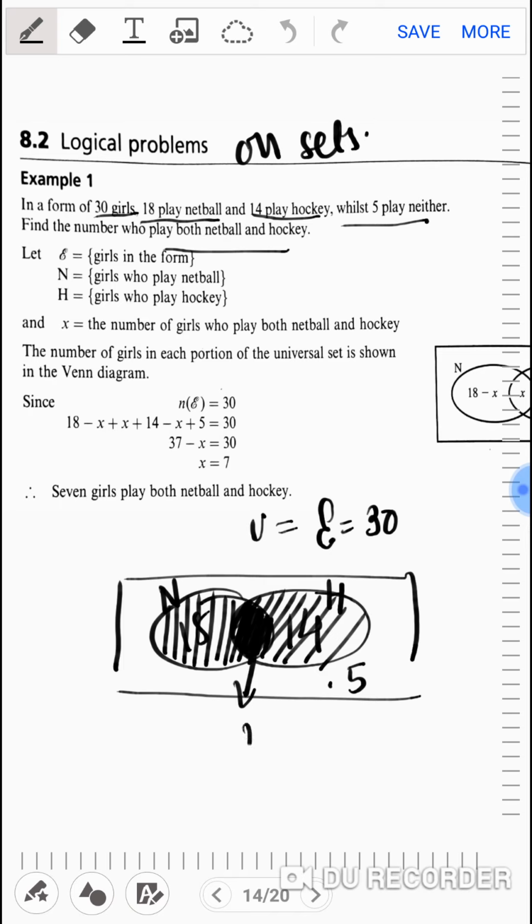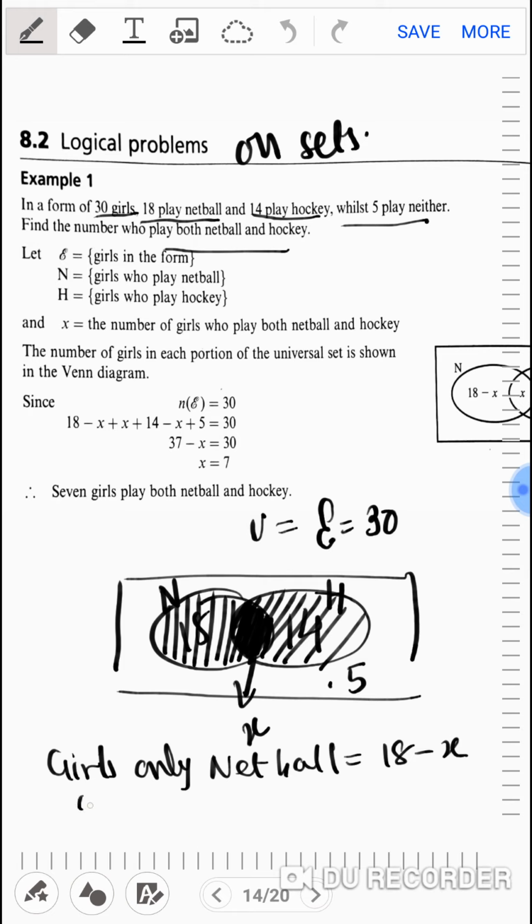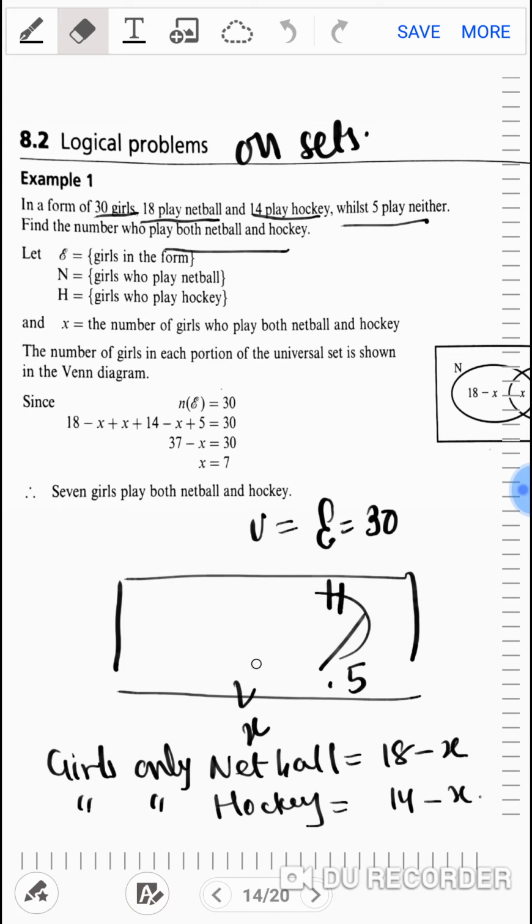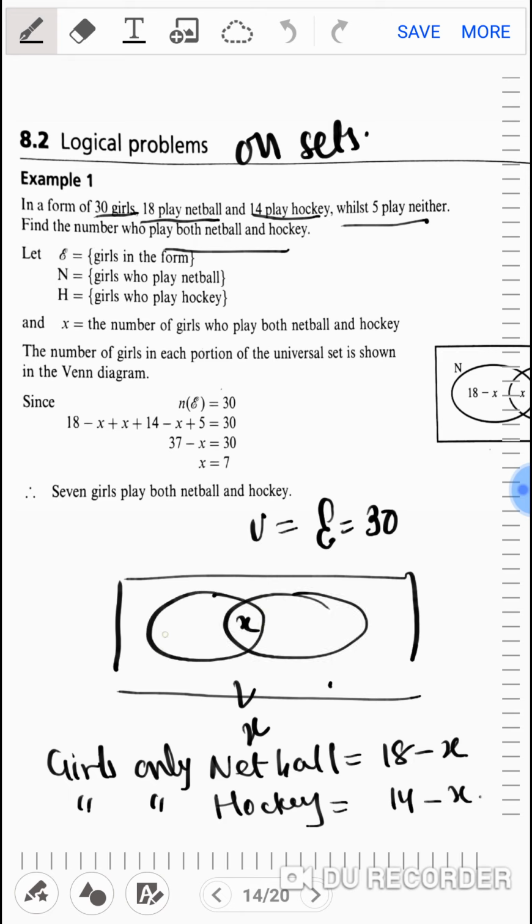Let us put that as X. So the girls who play only netball will be 18 minus X, and girls who play only hockey will be 14 minus X. So I write this as X, this as 18 minus X, this as 14 minus X.